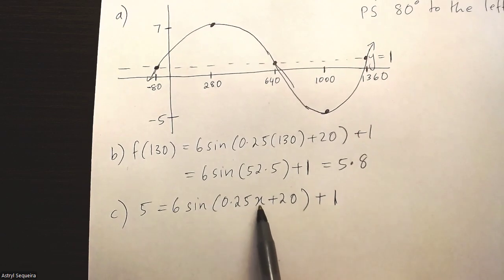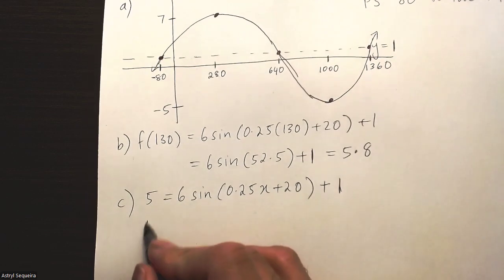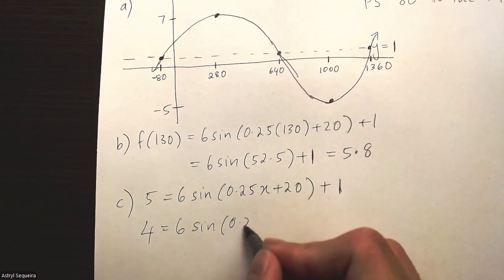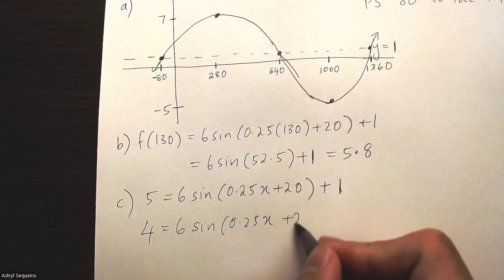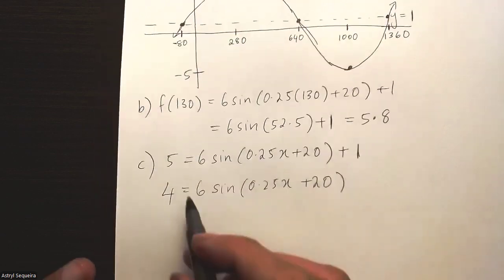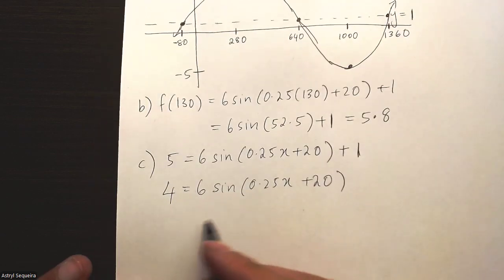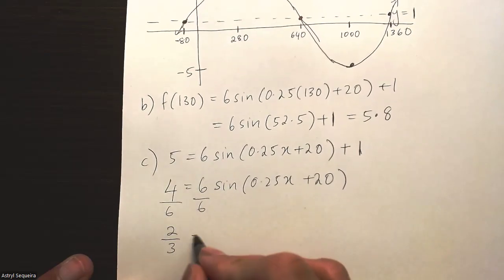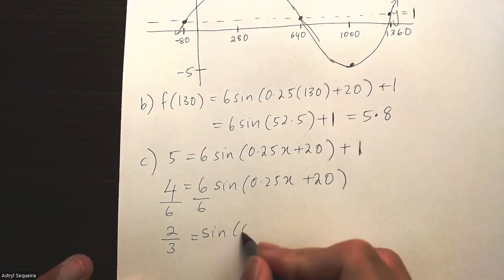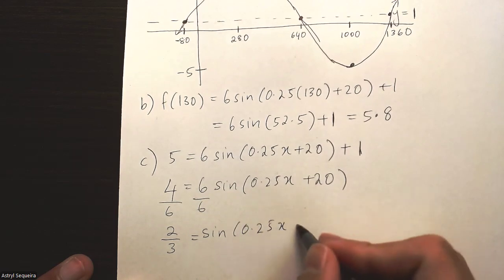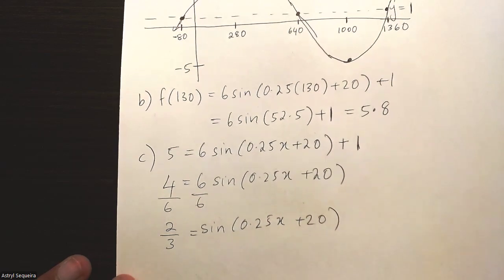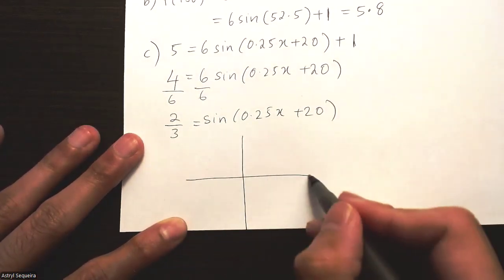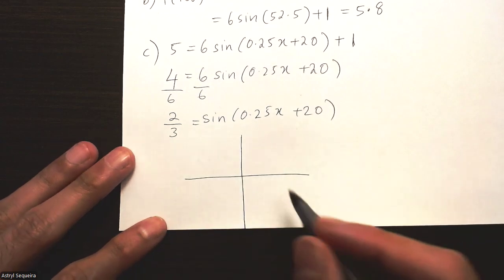Now I'm just going to try and isolate x. So I'm going to start by subtracting 1. Then I'm going to divide both sides by 6. That's just going to be 2 over 3. And then I'm going to do my CAST rule because I will have two solutions here when I do the sine inverse.